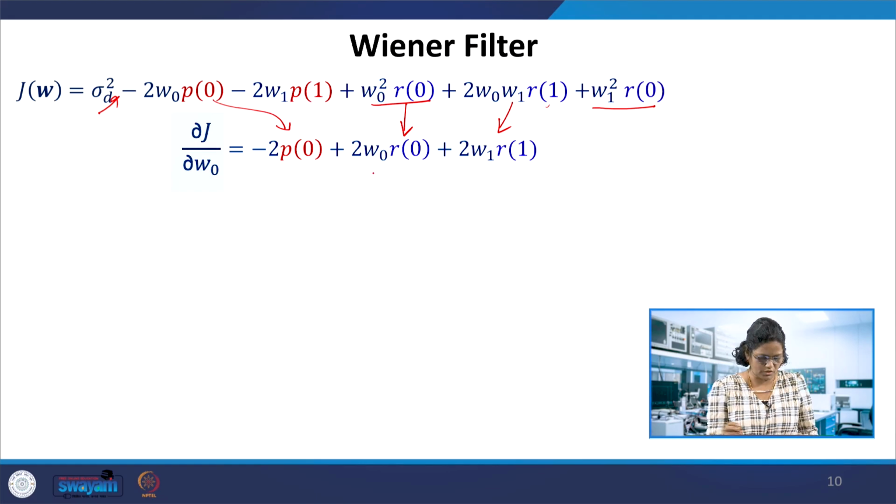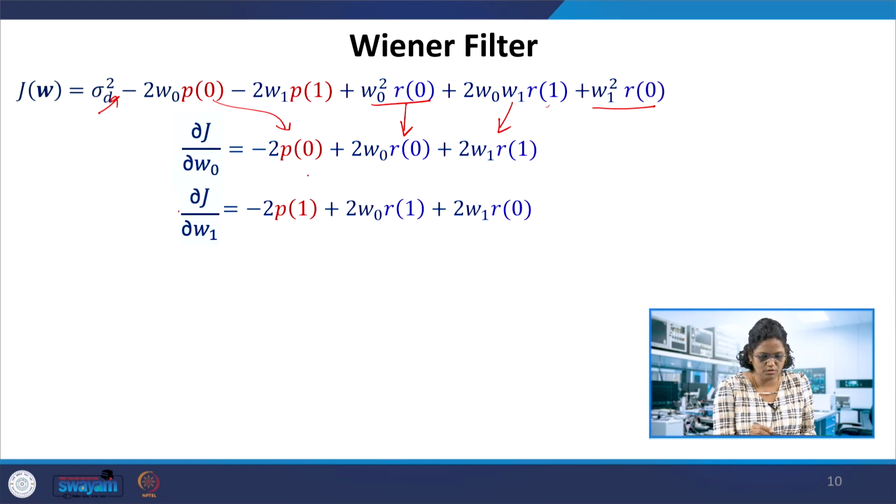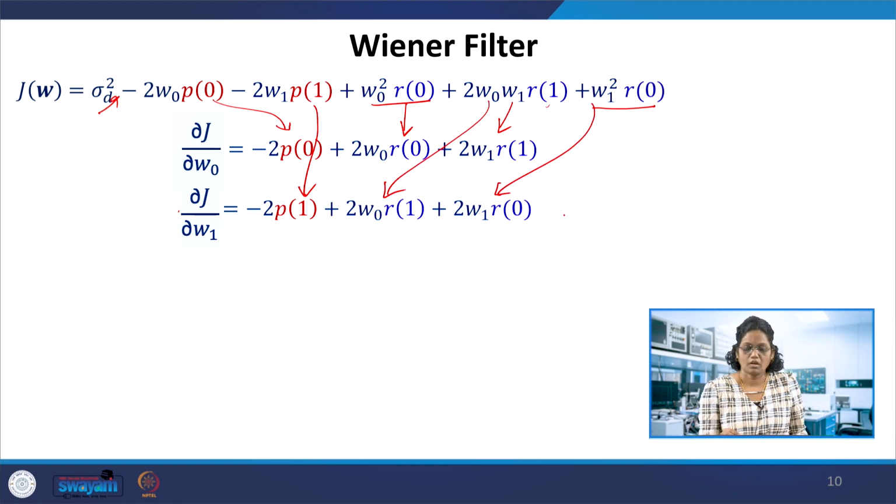That's how differentiating this cost works. If we differentiate partially with respect to w1, dou J by dou w1 results in minus 2 p1, plus 2 w0 r1, and 2 w1 r0.